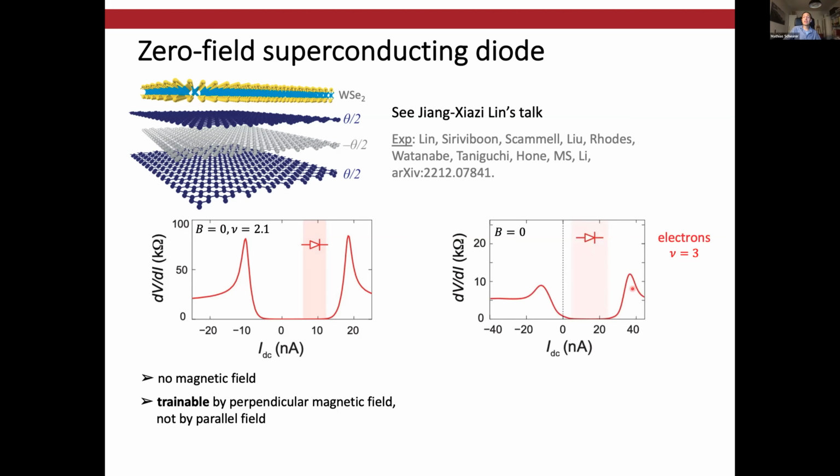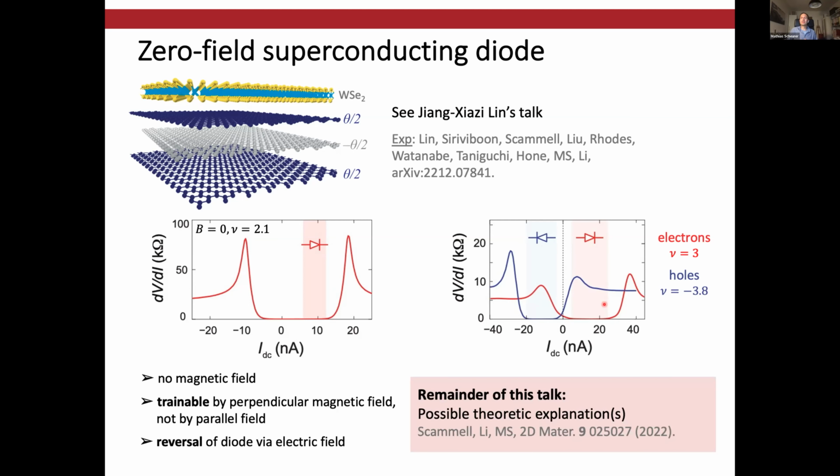You can see here at another filling, the effect can be more prominent. And something I find quite remarkable is that if you go from electron to hole filling, you can actually reverse the orientation of the diode. In the remainder of the talk, I would like to provide possible theoretical microscopic explanations of this rather striking phenomenology.